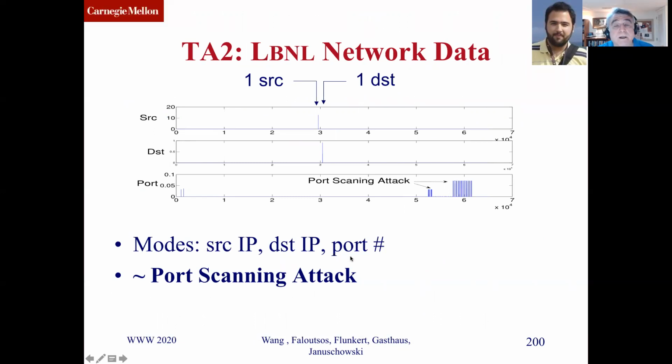And one of the hidden variables had the following 3 vectors. There was only one source, only one destination, but they were communicating over multiple ports, which may be a port scanning attack or a peer-to-peer network, which is hopping across multiple ports to avoid detection. Either way, suspicious pattern.